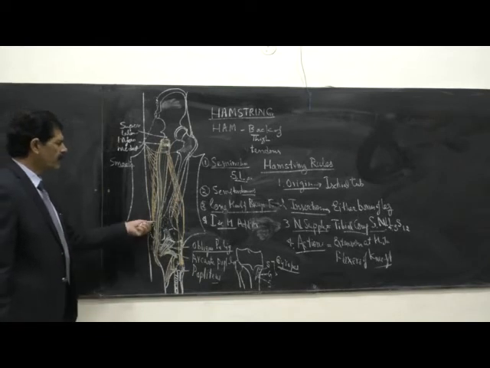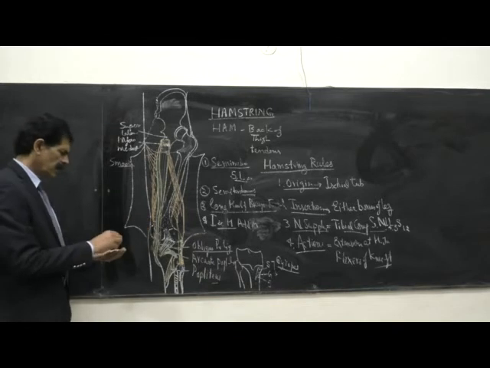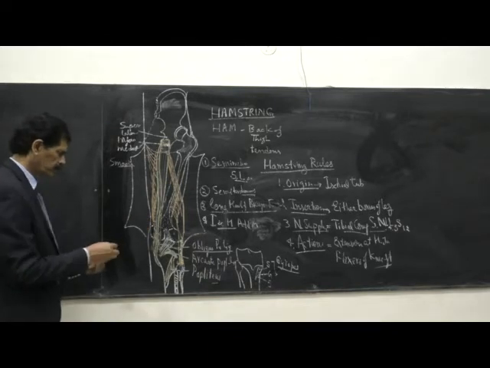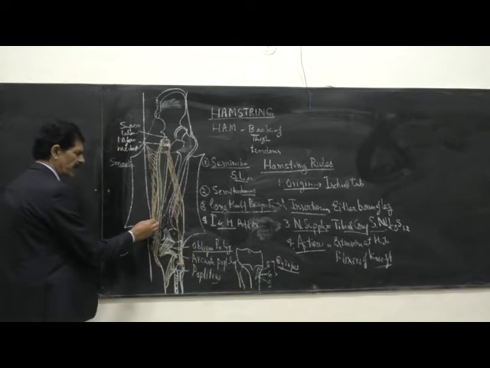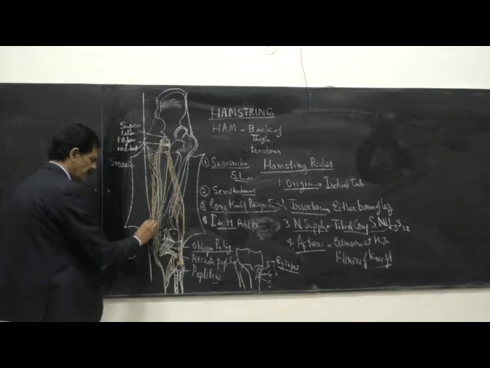So these fibers which are inserted over the adductor tubercle of the adductor magnus, they don't stop here. Beyond the adductor tubercle, an aponeurotic extension of the adductor magnus muscle runs downward and is inserted over the medial surface of the medial condyle of the tibia.